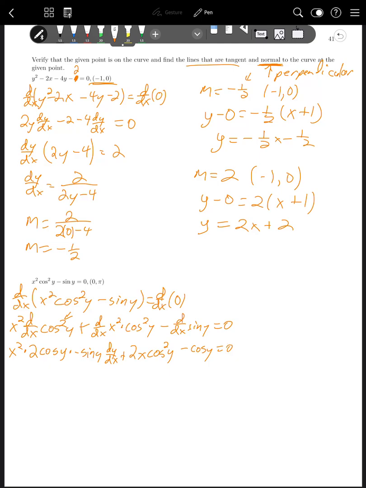Okay. And so now we're going to solve for dy dx. So what you want to do is move these to the other side, and then we're going to divide. So this will be negative 2x squared cosine y sine y dy dx equals cosine y minus 2x cosine squared y, and then divide.